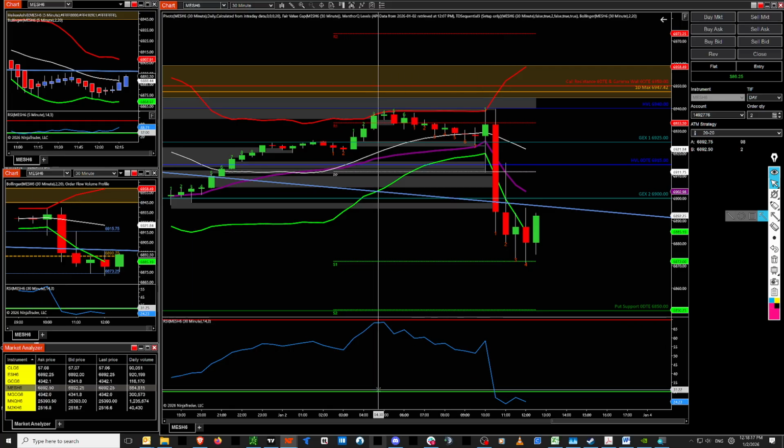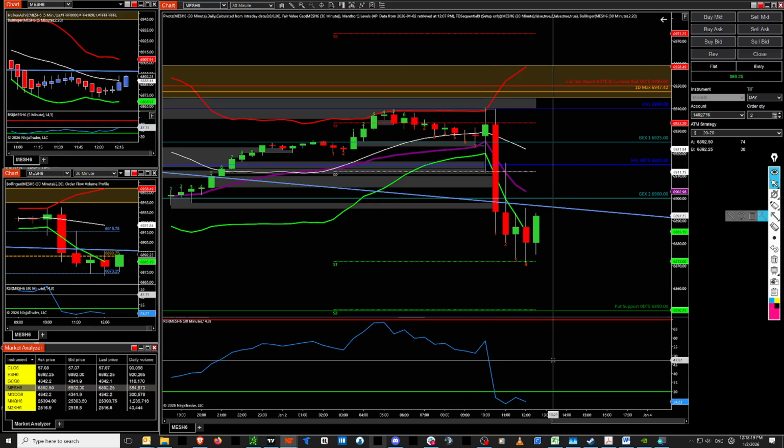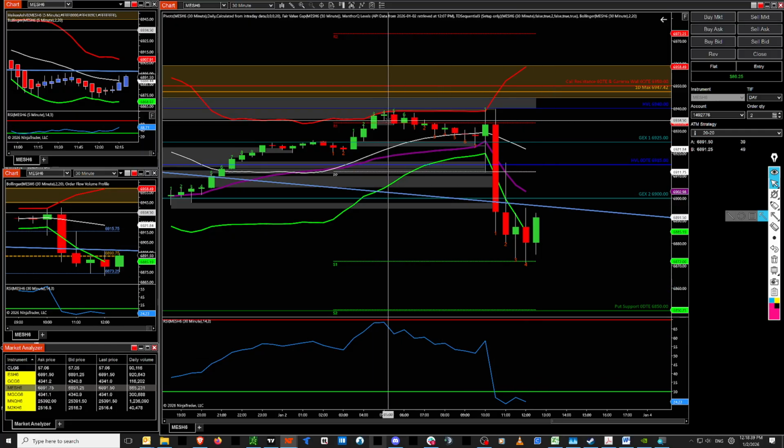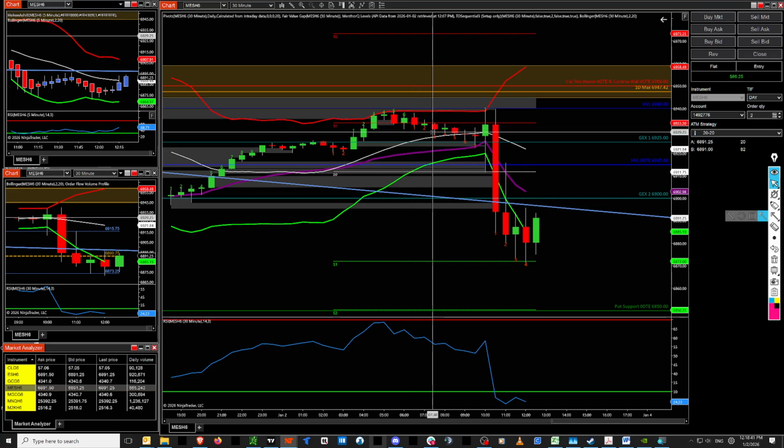RSI. Let's talk about that for a minute. What is RSI? RSI tells you the speed or the velocity of change in a direction. In other words, this here is a gentle walk down the path.